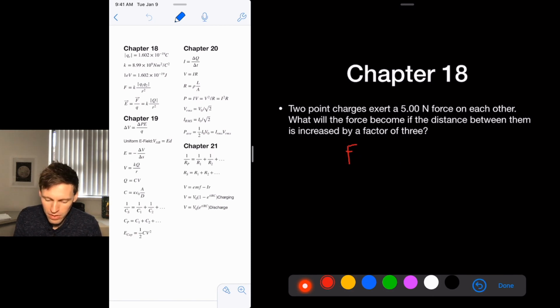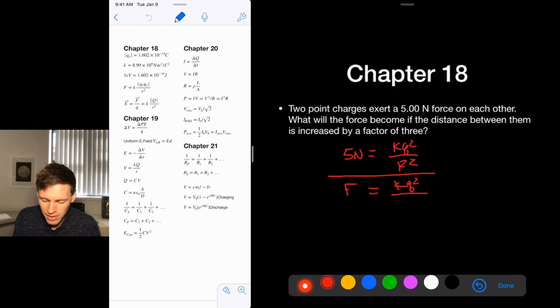So our first force is 5 newtons, and that's going to be KQ squared over R squared, divided by our new force. We don't know what that is, but it's going to be the same KQ squared divided by the R squared, and the R squared is increased from the original R to 3R squared. So if we divide these two things, we're going to get 5 newtons over F, and that's going to cancel.